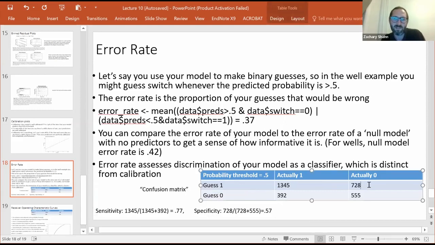And the specificity is the probability of guessing a true zero, given that it actually was zero. So that's just 728 over 728 plus 555 in this case. So specificity is 57%. The sensitivity and specificity depend completely on the probability threshold that you use.